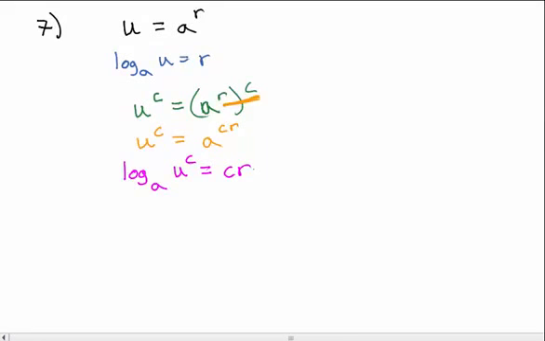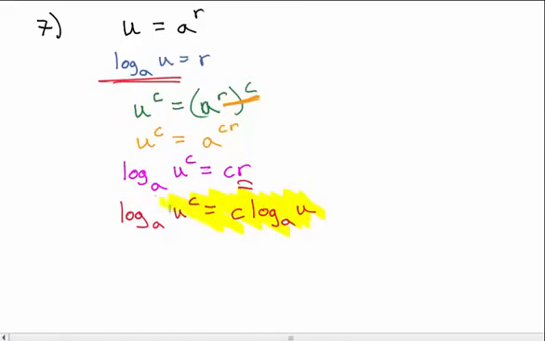We could have written it another way with a base of u, but we've been kind of on this theme of base a, so I want to stick with this base a theme. What's nice about this is r, we remember, is equal to log base a of u. And so this gives us log base a of u to the c is equal to c times log base a of u.